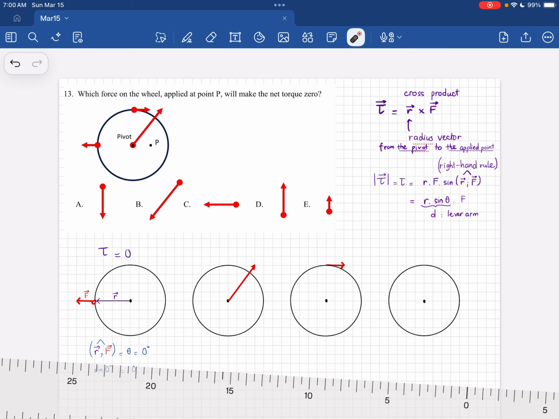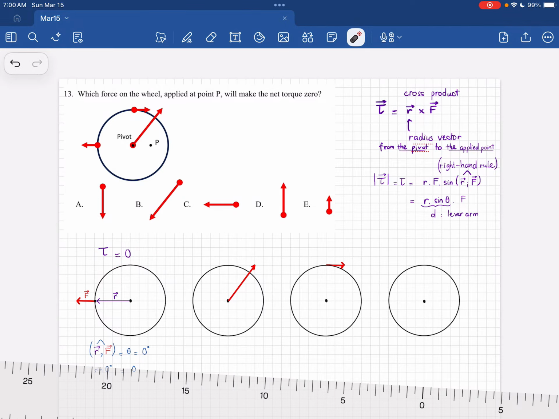It means that this kind of force doesn't have any rotational effect. And it's correct, right? Because imagine if you're pulling the wheel at this point, you can just move it to the left, and it doesn't help to rotate the wheel. So torque is 0 for this case.